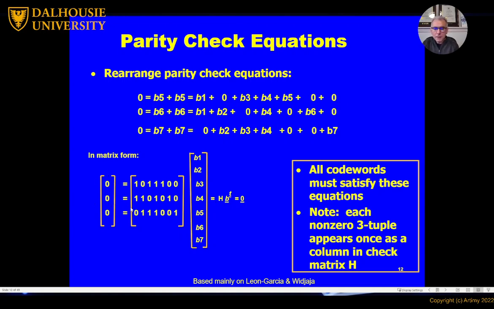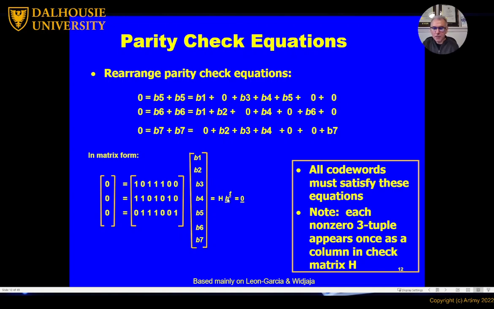We call this matrix, the 3 by 7 matrix, H for Hamming, right? And this is the binary vector here. The T is for transpose, for those who forgot matrix algebra.